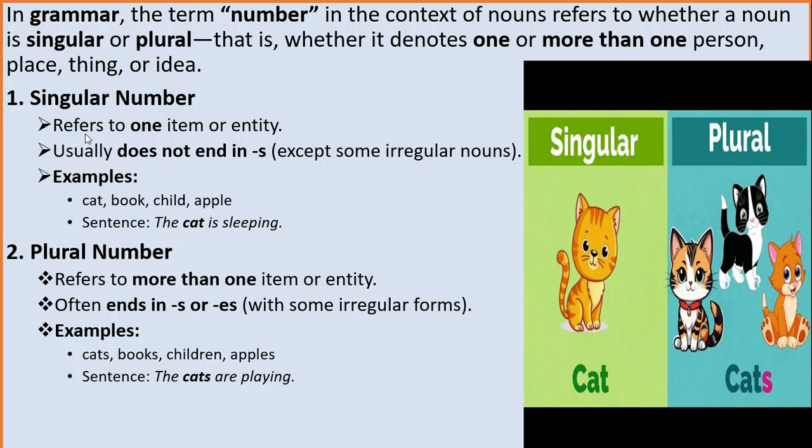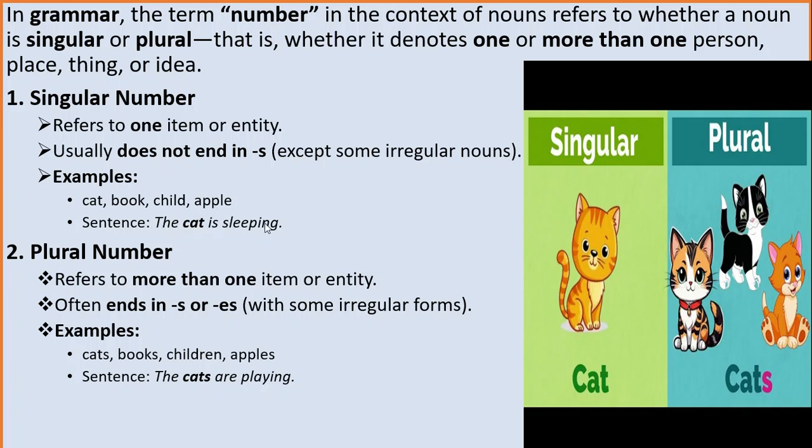The singular number refers to one item or entity. Usually it does not end in s, except some irregular words. For example, cat, book, child, apple.